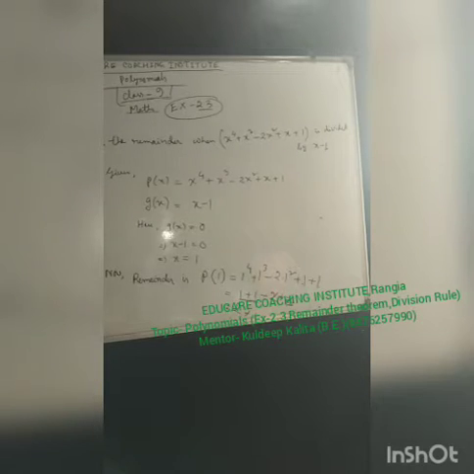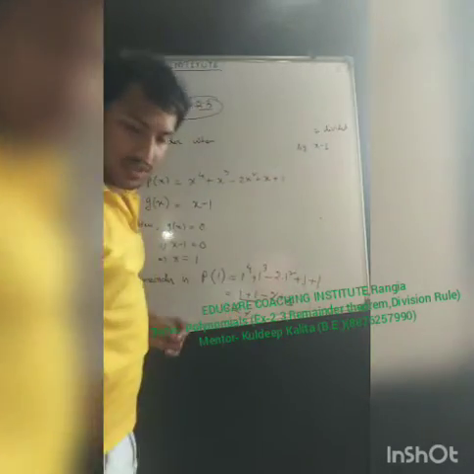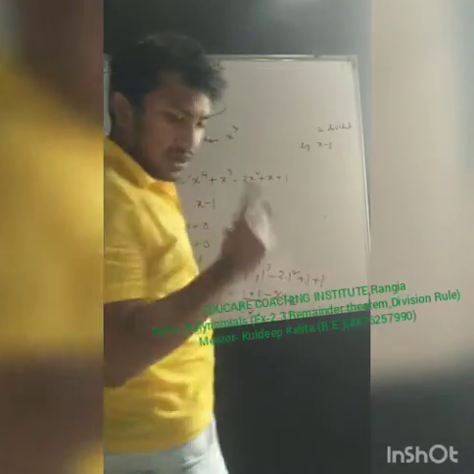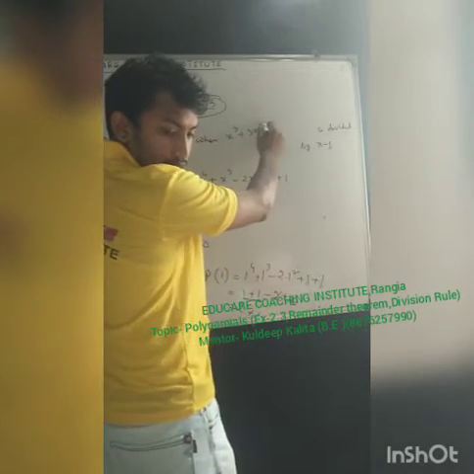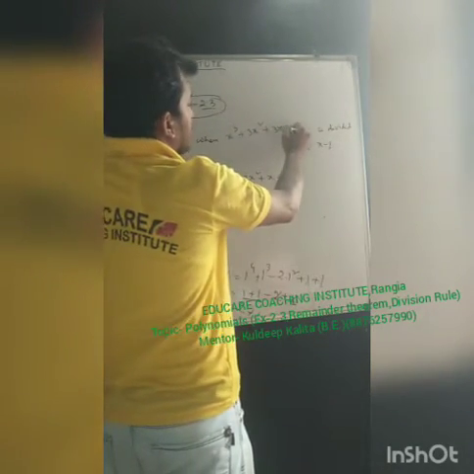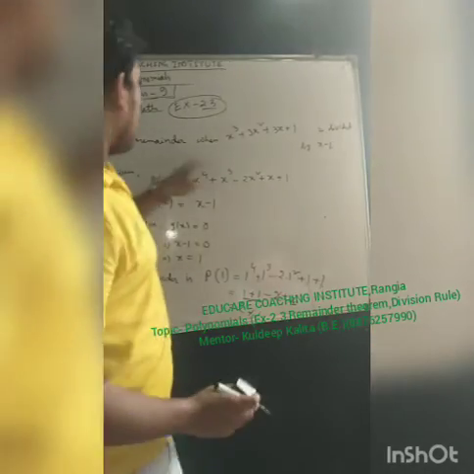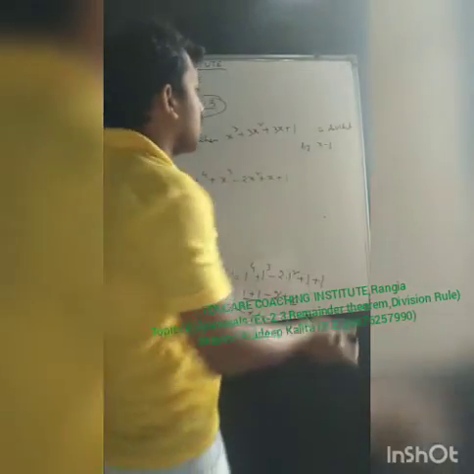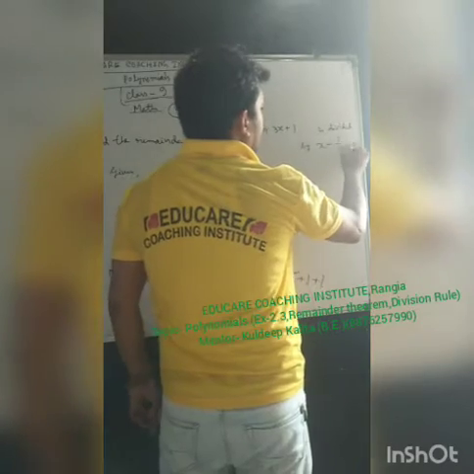If we have to find the remainder when the polynomial is different, suppose from exercise 2.3 question number 1, x cube plus 3x square plus 3x plus 1 is the polynomial given, and there are four g(x), the divisors. Here it is given x minus half.